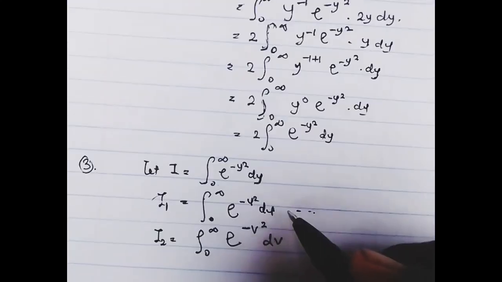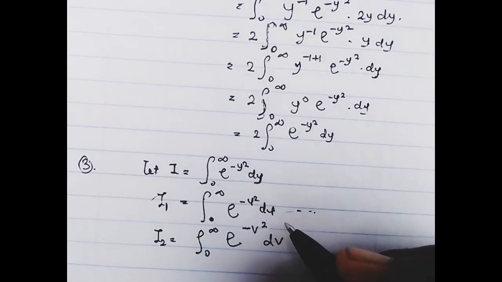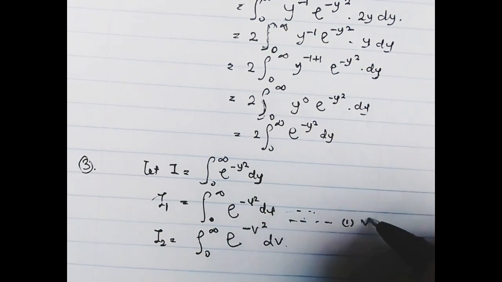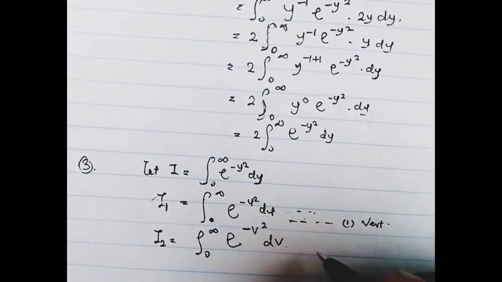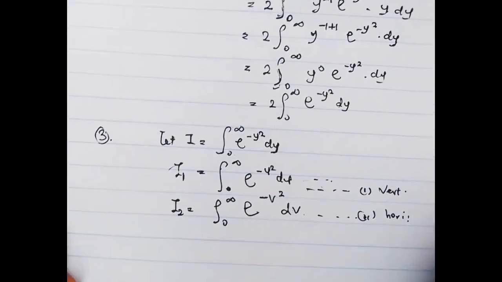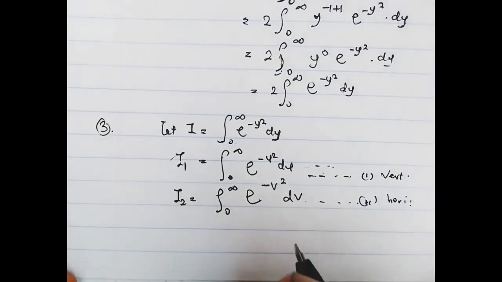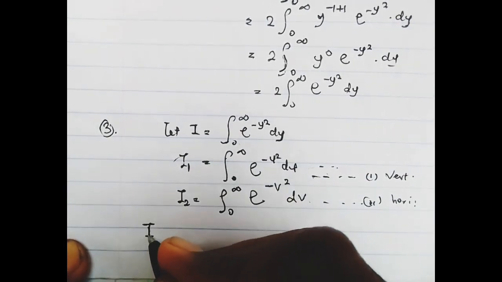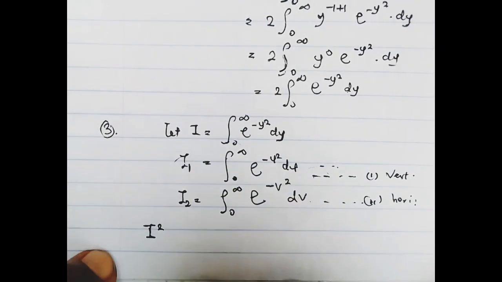Let me assume v is my vertical component variable, and u is my horizontal component variable. Now let's continue. I'm going to be multiplying these two integrals together, and this gives me I squared.